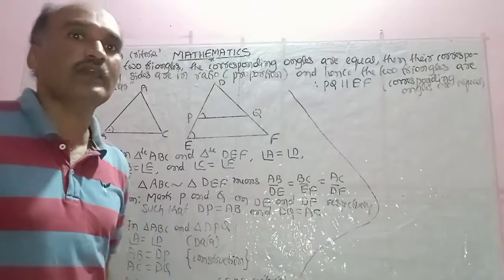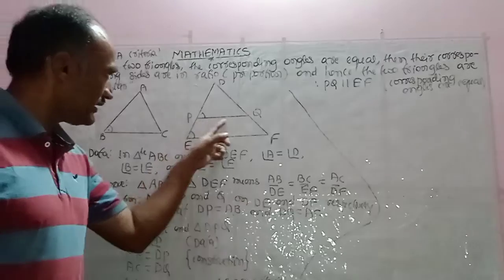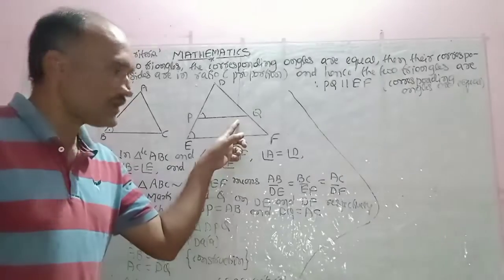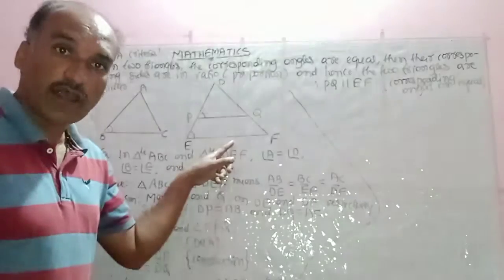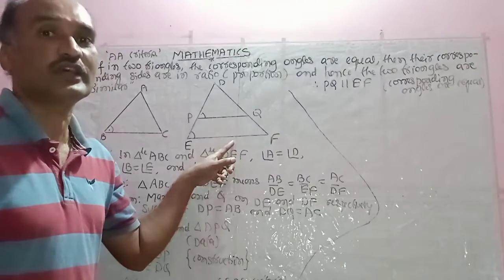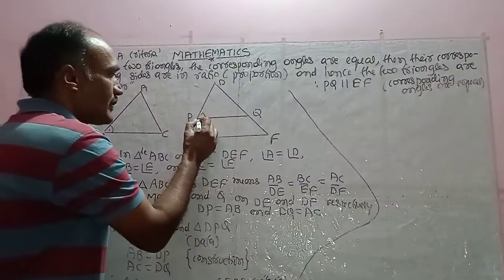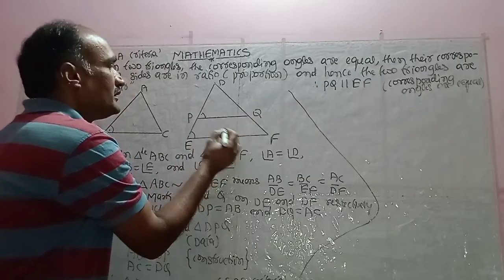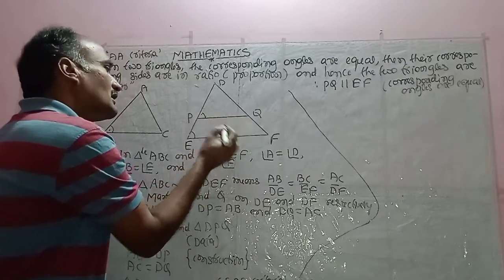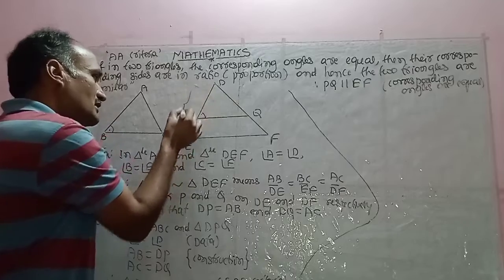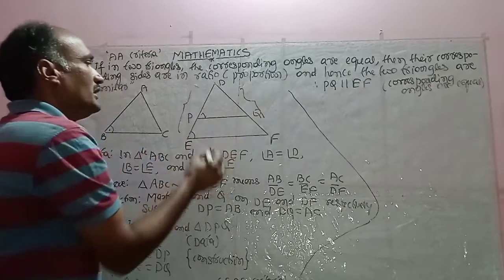And also by Thales theorem: if a straight line is drawn parallel to a side of a triangle, it divides the other two sides proportionally. That is the Thales theorem statement. See, this line is parallel to this line, then it divides these two sides proportionally.